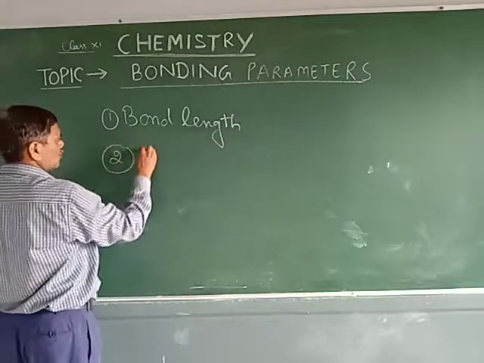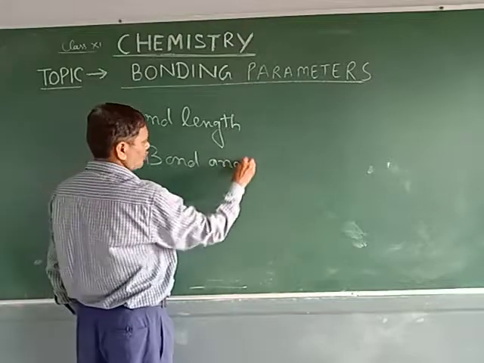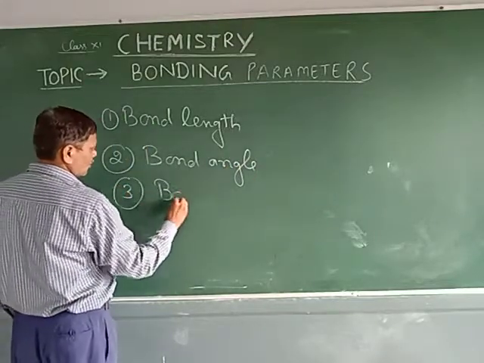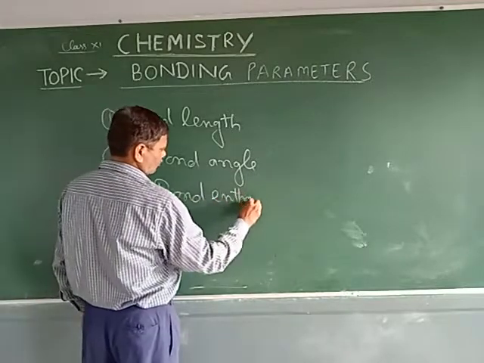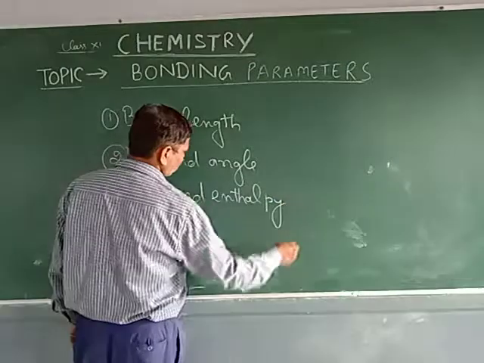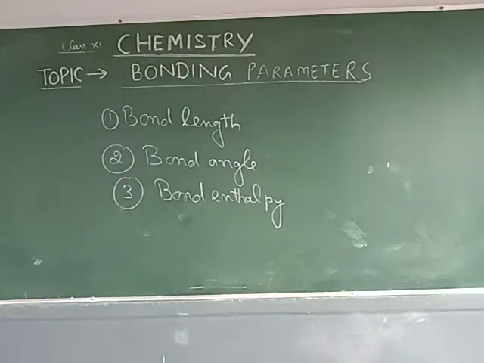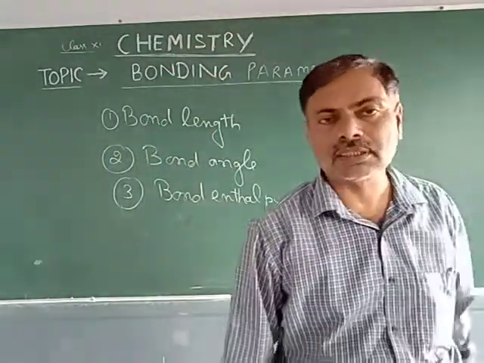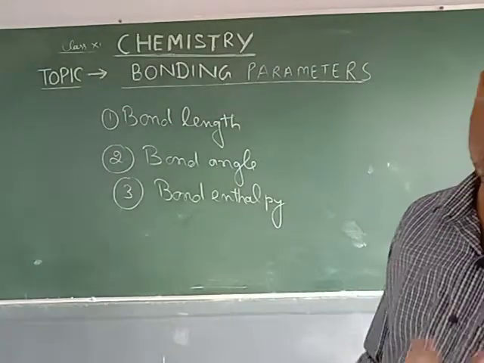Number two, bond angle. And number three, bond enthalpy. Bond length, bond angle, and bond enthalpy are the main bonding parameters. Bond enthalpy is also called the bond dissociation enthalpy.